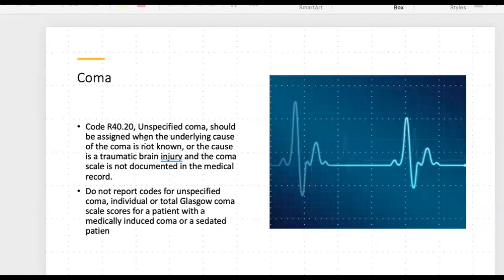There is a specific coma code documentation that would require this R40.20, which in this rule is saying if you don't know the cause of coma, or if a patient has a traumatic brain injury or TBI, and the degree or the severity of coma is unknown, then you can assign that code R40.20.